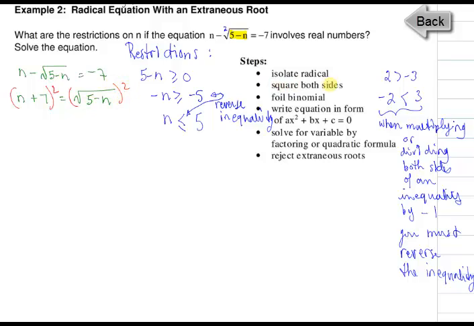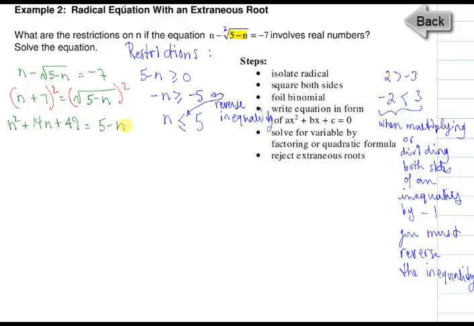Next step, square both sides. Okay, and so when I square n plus 7 times n plus 7, and I FOIL it and simplify, I'm going to get n squared plus 14n plus 49. And that's equal to, and remember, a square undoes the square root, so you're going to get 5 minus n.